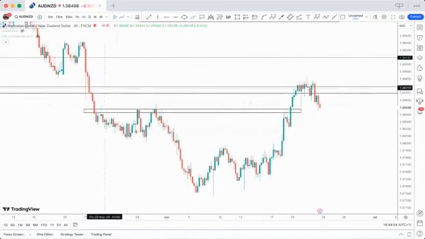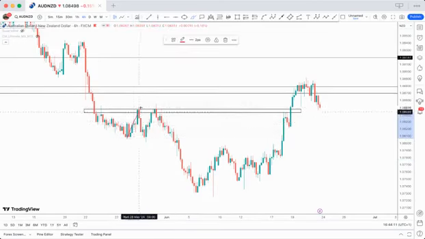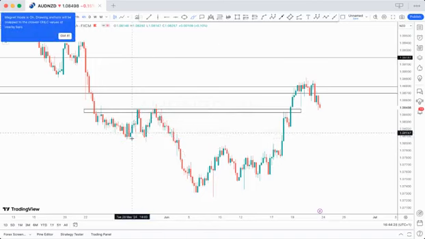If you look at this correction, this is a pullback. How many waves do we have in this market? We have wave 1, wave 2, and wave 3. So the minimum is 3 waves, and then we had the continuation. I could have placed my trade with good risk management, and then made my profit.